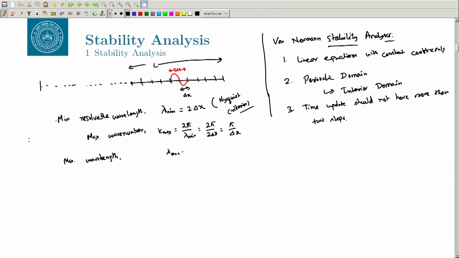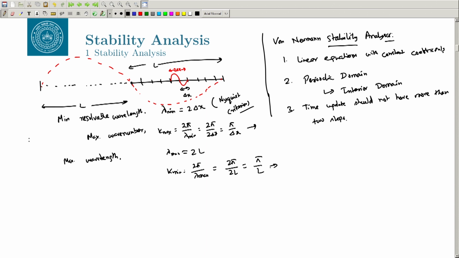This is basically L, and then you can put the biggest wavelength, right. So, your lambda max is equal to 2 L. So, your minimum wave number k minimum will become 2 pi by lambda max is equal to 2 pi by 2 L, that is nothing but pi by L, right.